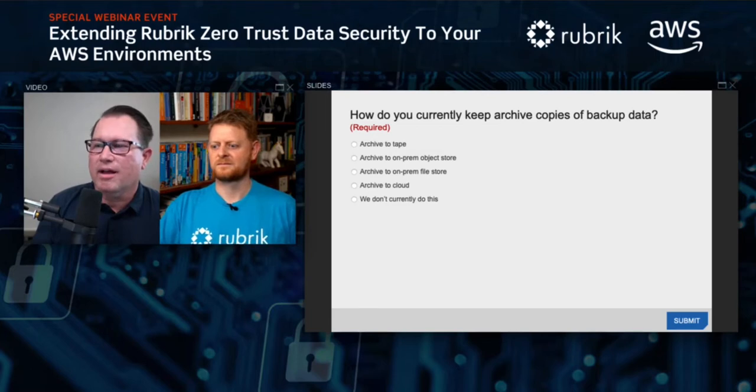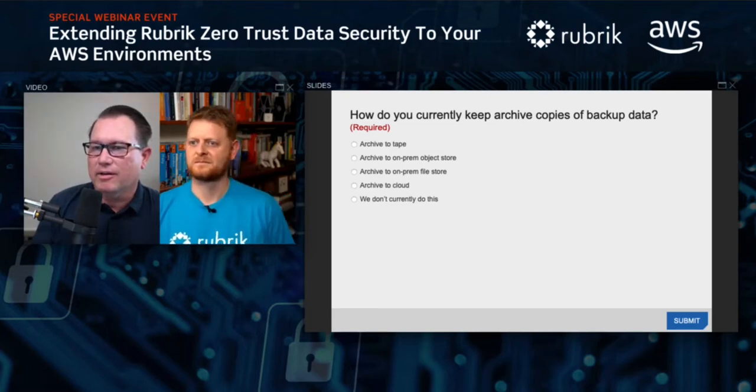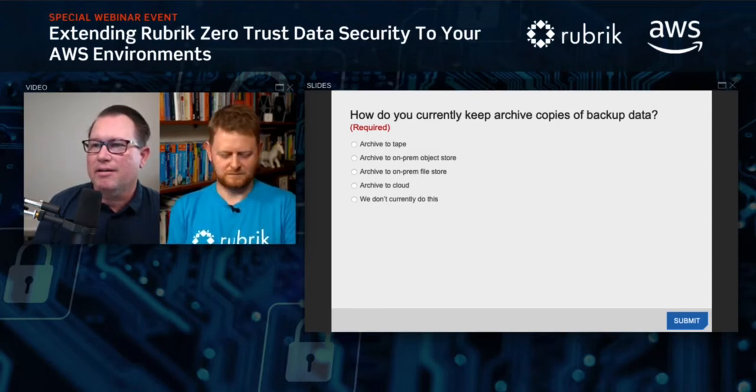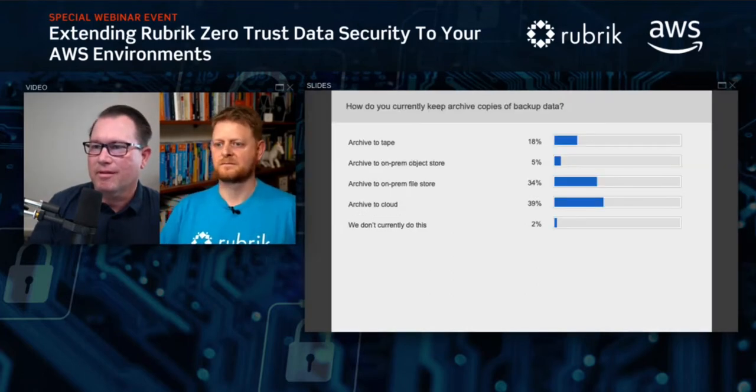All right, it looks like the leader here is archive to cloud at 41%, followed by second place, archive to on-prem file store, and then third place, archive to tape. All right, interesting results.